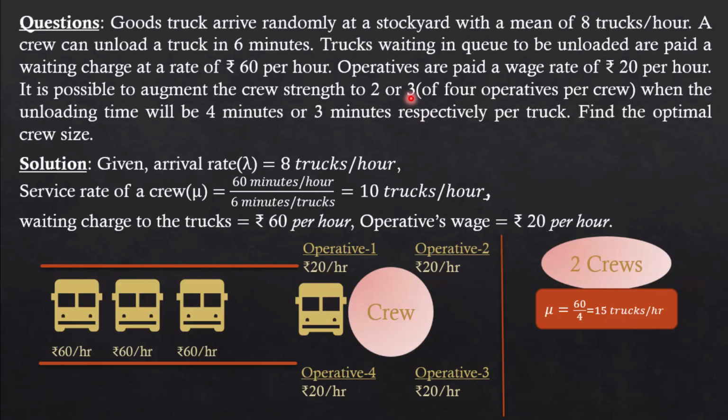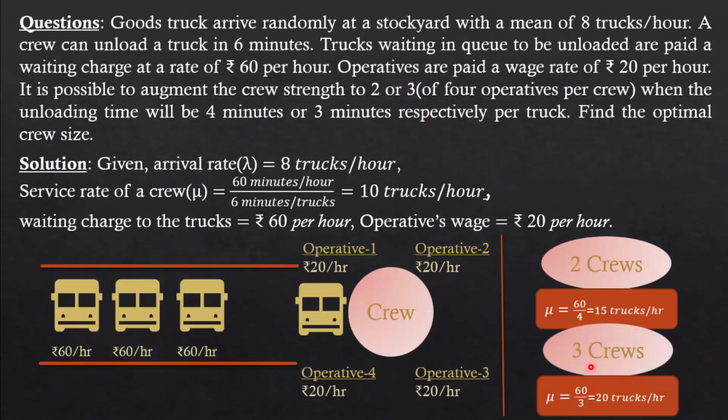Similarly, we can also have 3 crews. With 3 crews, the service rate changes as 60 by 3, which is 20 trucks per hour. So with a single crew, the service rate is 10 trucks per hour. With 2 crews, it is 15 trucks per hour. And with 3 crews, it is 20 trucks per hour.